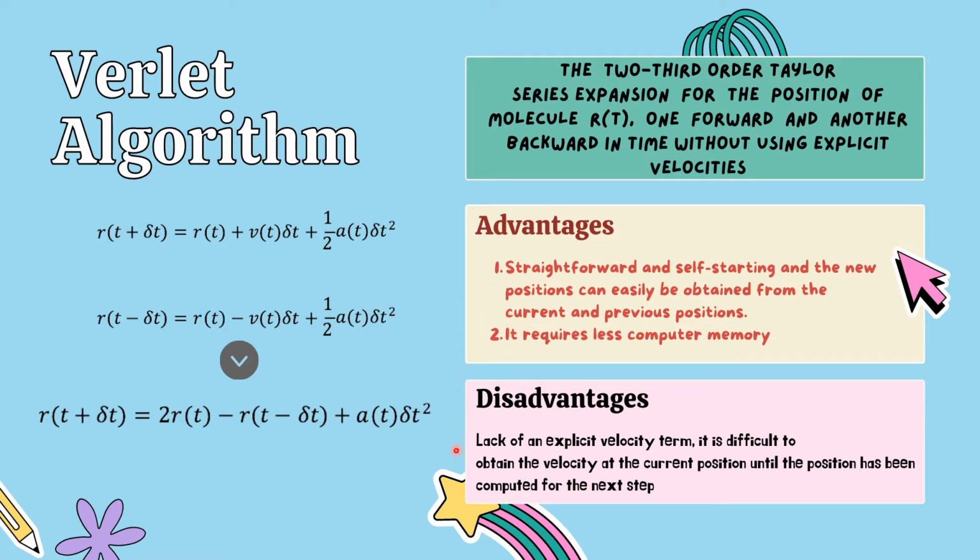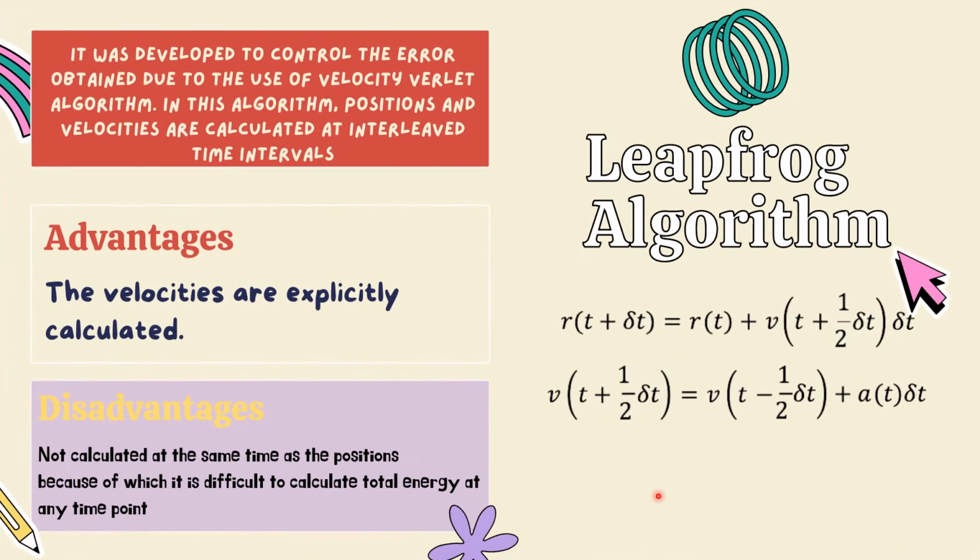However, due to the lack of an explicit velocity term, it is difficult to obtain the velocity at the current positions until the position has been computed for the next step. Another type of numerical analysis is leapfrog algorithm, which was developed to control the error obtained due to the use of velocity Verlet algorithm.